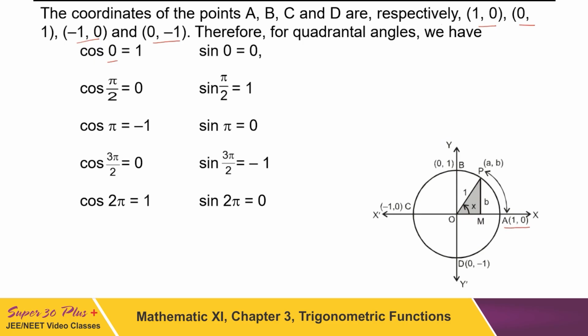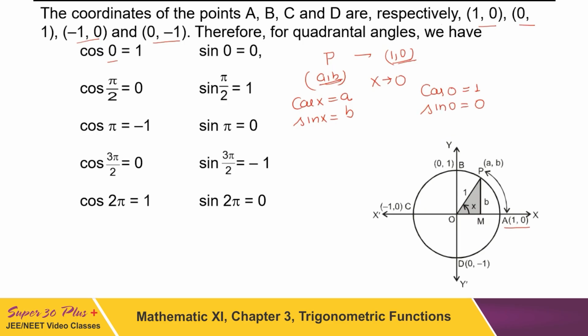Initially point P is (a, b), then we can say cos of angle is equal to a and sine of that angle is equal to b. Now, if P is shifted to A, then angle x is shifted to 0, and the point (a, b) is shifted to (1, 0). That's why one can say that cos 0 is equal to 1 and sin 0 is equal to 0.